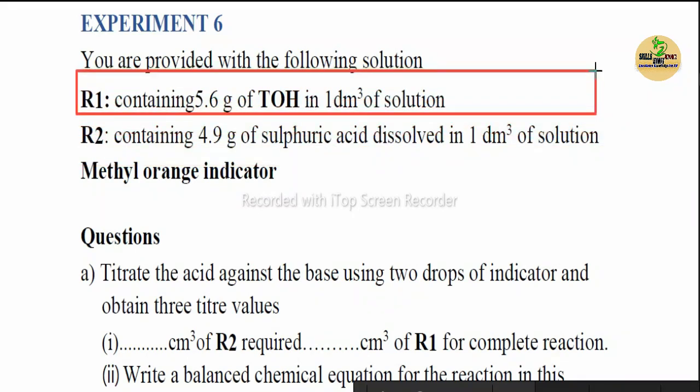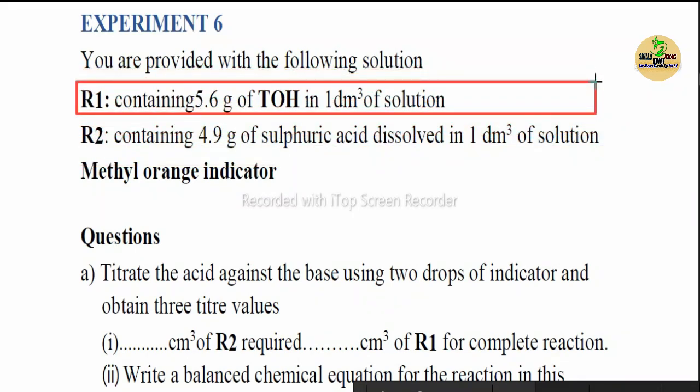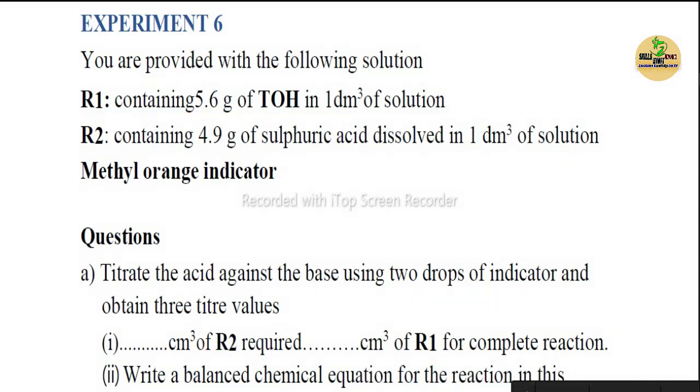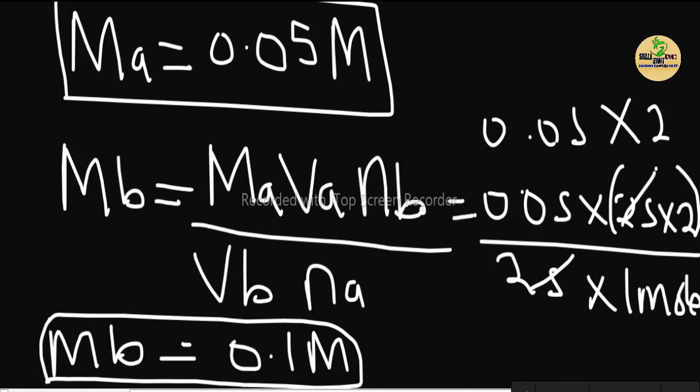Molarity and the concentration of this solution are 1. Mass we have 5.6, volume we have 1 liter. So the concentration can be calculated without any problem.